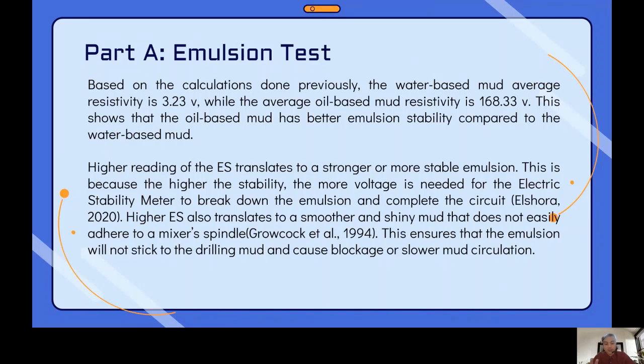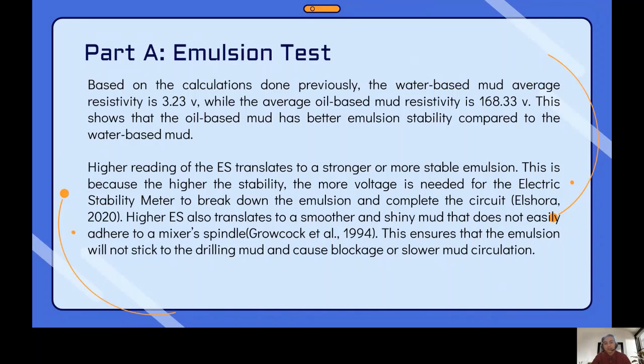So it will not form a clog in the reservoir, or provide much resistance, so the flow will be smooth. The circulation will be much smoother in the reservoir during the drilling process, which is important because we want to ensure a high penetration rate.